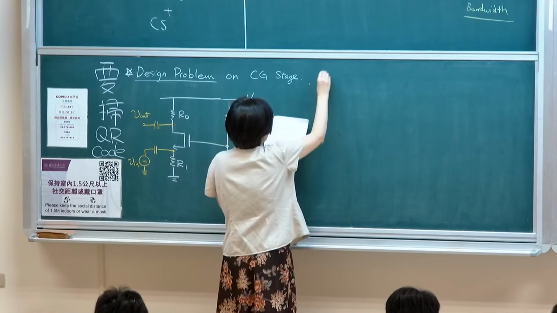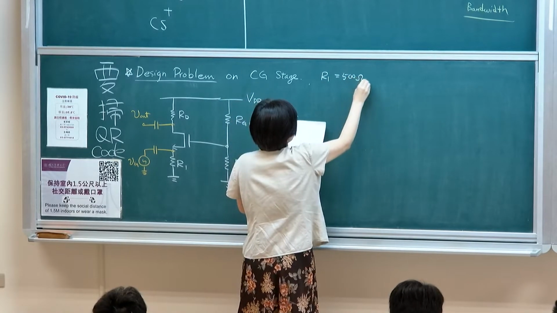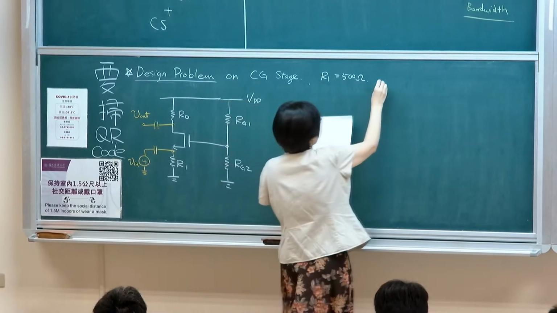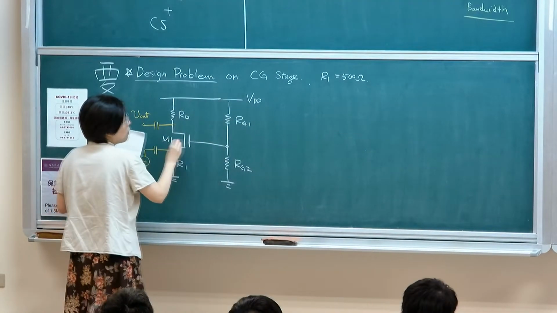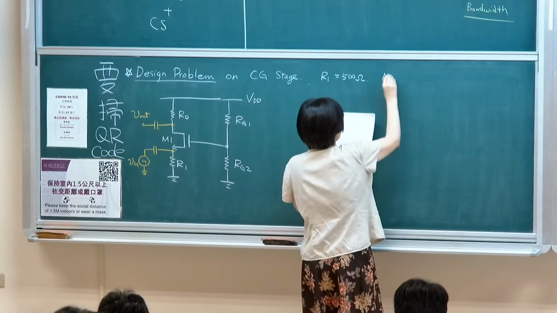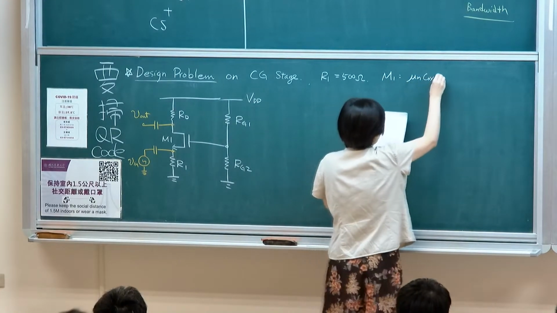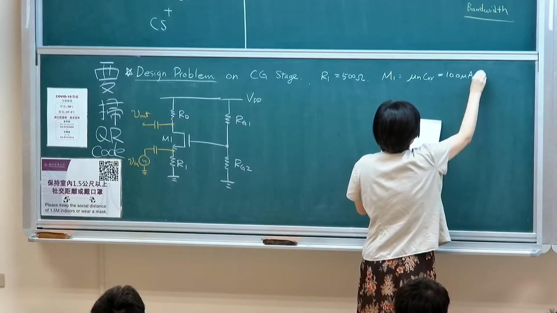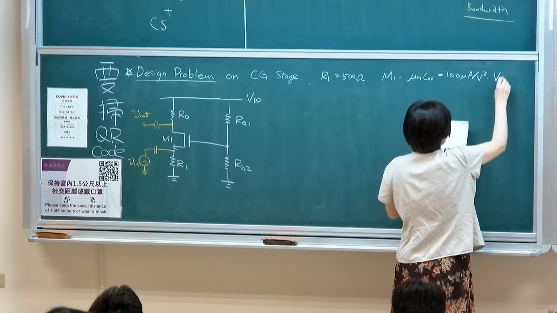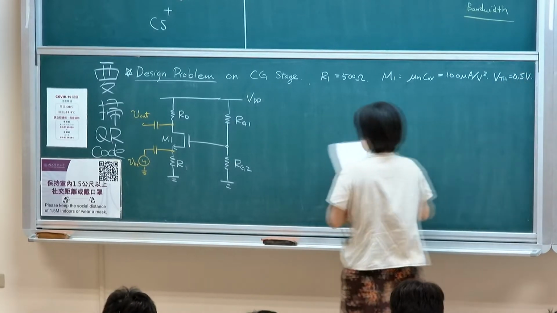We want R1 set to 500. And let me give the device parameters for M1. For this transistor, the technology parameter gives us 100 microamp per volt squared, and it has a threshold of about 0.5 volt.